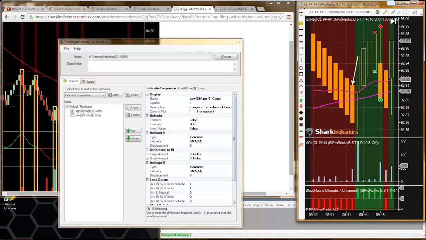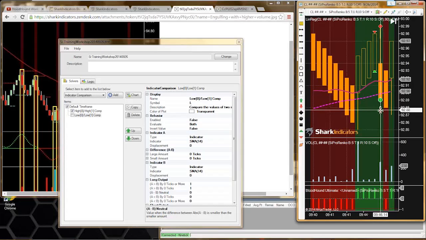However, since this is a reversal down, take note, this is our reversal bar right here, so we're actually going to want a short signal. We're going to want to take a short.